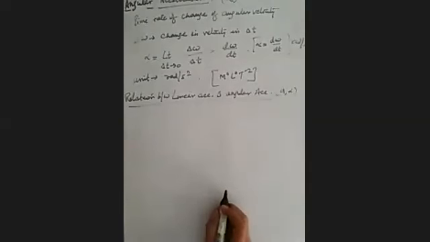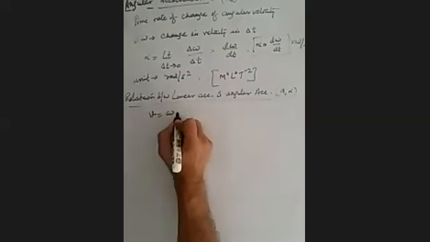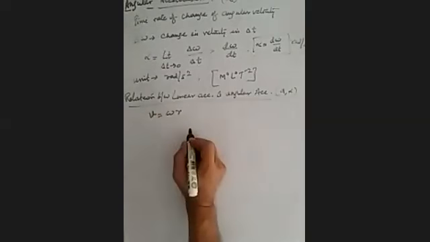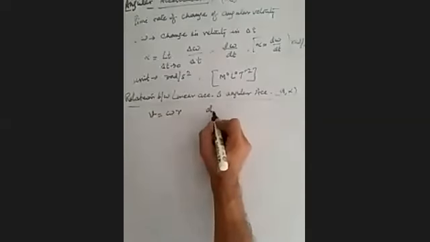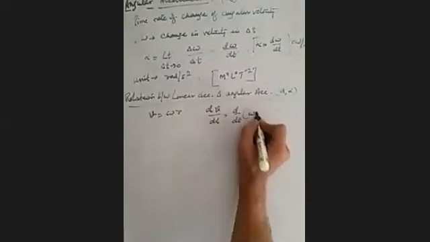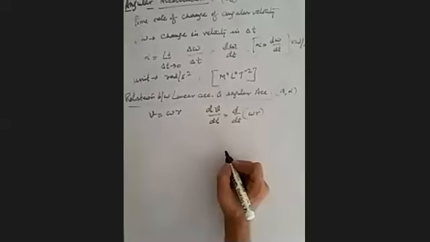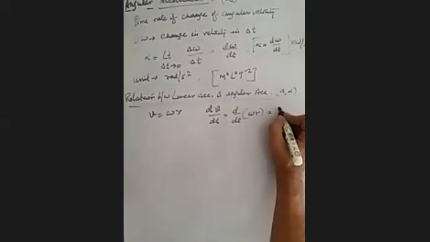We know the relation between V, linear velocity, and angular velocity, that is V is equal to omega r. Differentiate both sides with respect to time. dV by dt will become d by dt of omega r. Now r is a constant quantity, so it will be equal to d omega by dt times r.